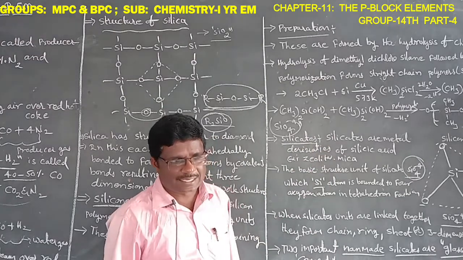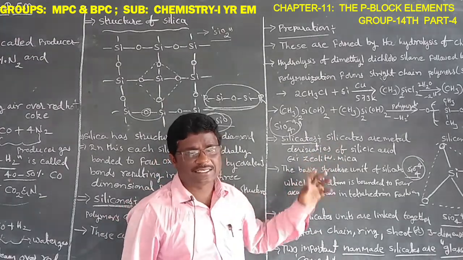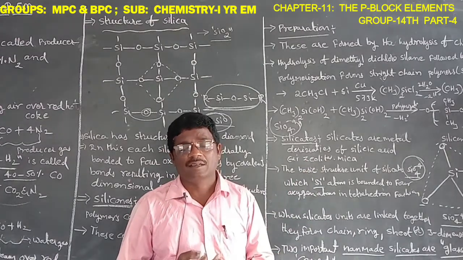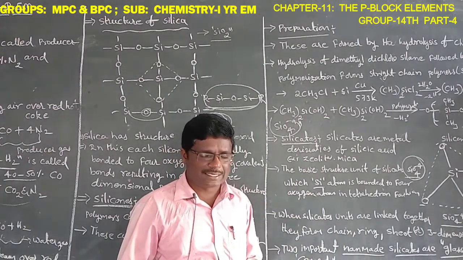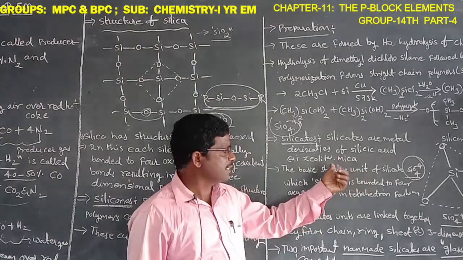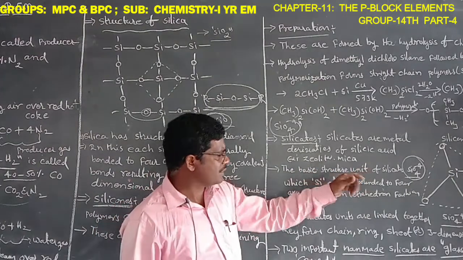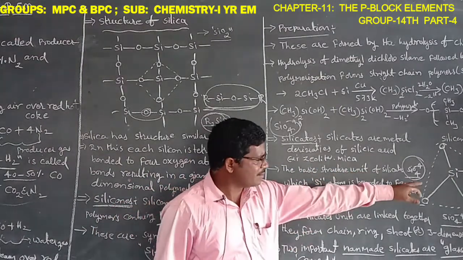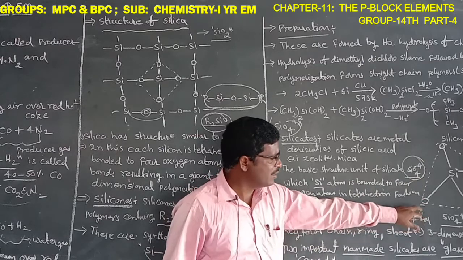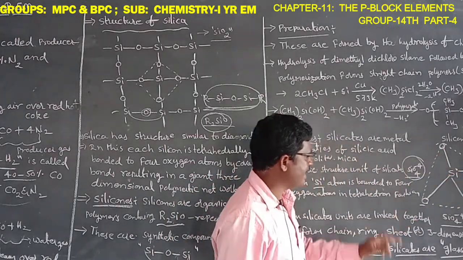Once again, silicates are metal derivatives of silicic acid. Examples: zeolite and mica. Next, the basic structure of silicates: a silicon atom bonded with four oxygen atoms, 1, 2, 3, 4, forming tetrahedral units.